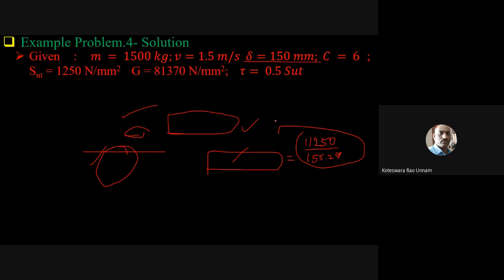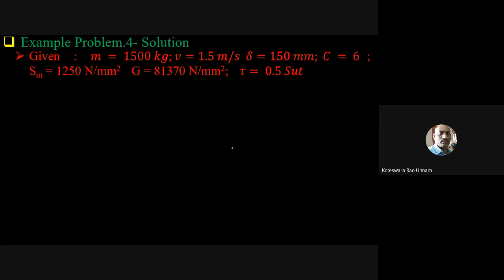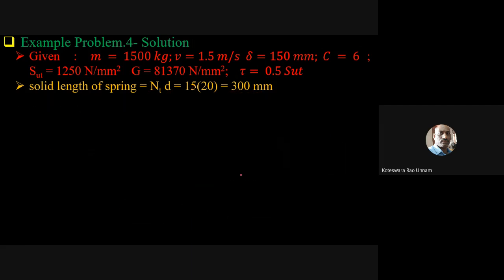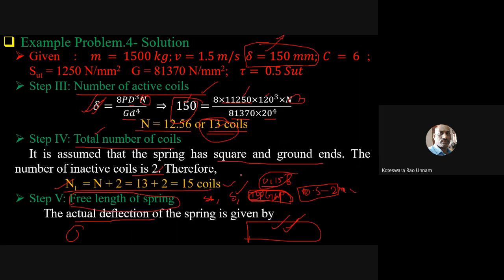Before going into that, if you have any doubt in this particular problem, or maybe in the previous problems we discussed, you can ask your doubts. Once your doubts are clear, then we'll move on to the next one.